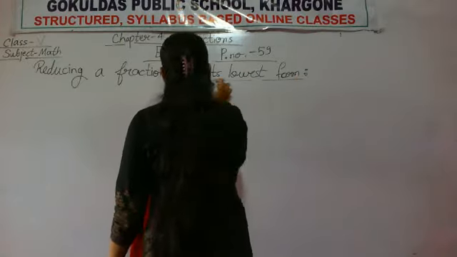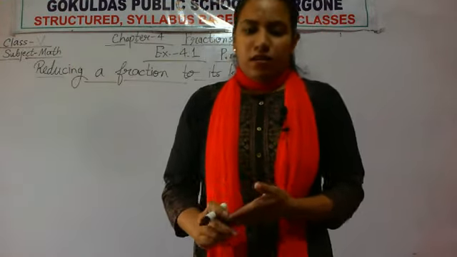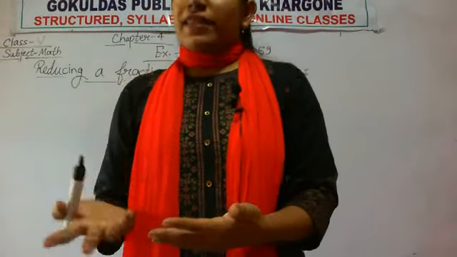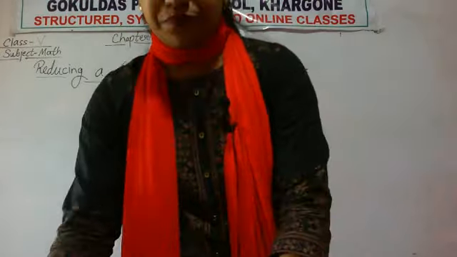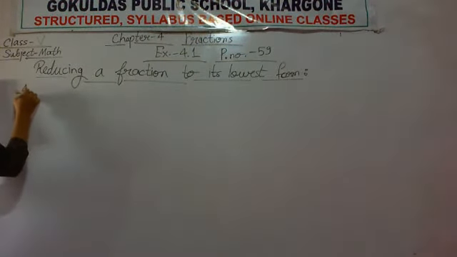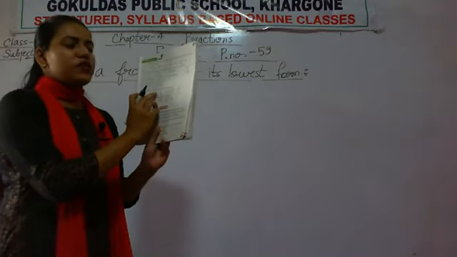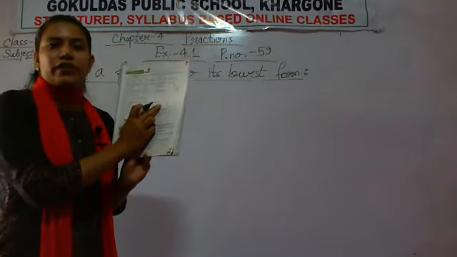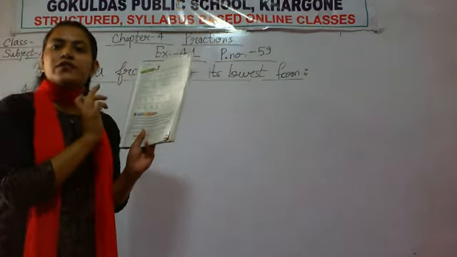There are two methods, but I am telling you only one method. Concentrate on question number 4: reduce the following fractions to their lowest form. You need to reduce this fraction to its lowest form.